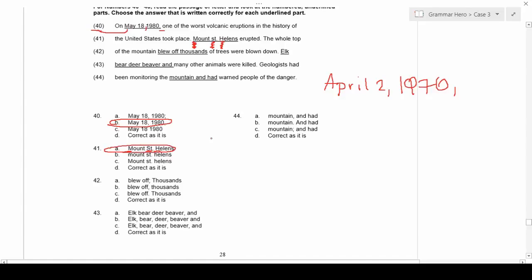42. The whole top of the mountain blew off. Thousands of trees were blown down. These are two different sentences, so we need to link them using punctuation. We can't use a comma because they're separate sentences. We can't use a semicolon because this is capital, so we're going to go ahead and put C. We just basically ended this with a period, capitalized that, and that's exactly what you do.